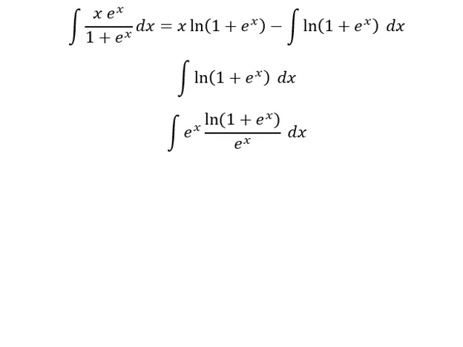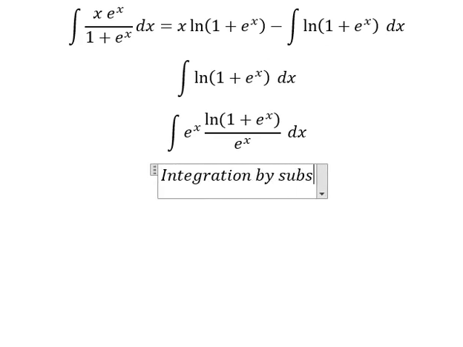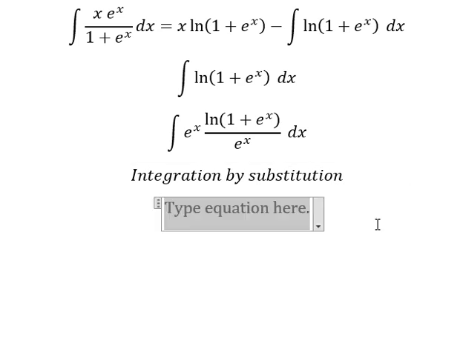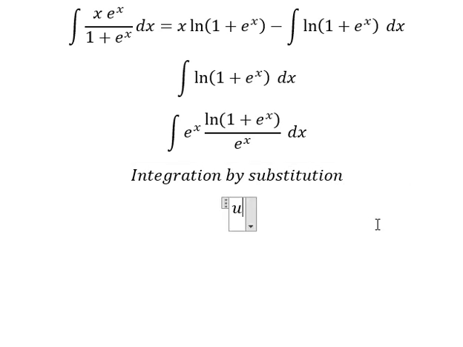Next, we need to use integration by substitution. So I will put u equals negative e to the power of s. That means I will put the negative sign in here.